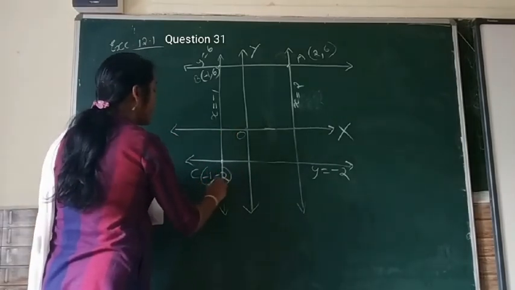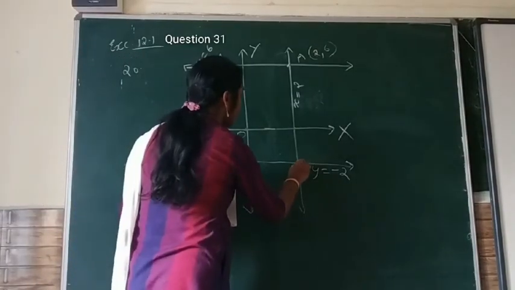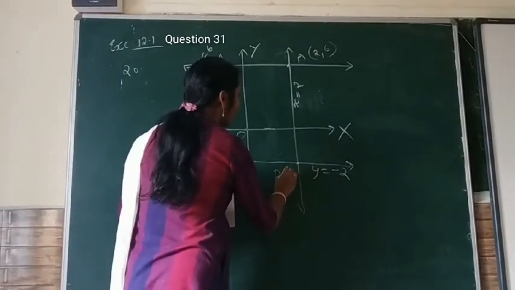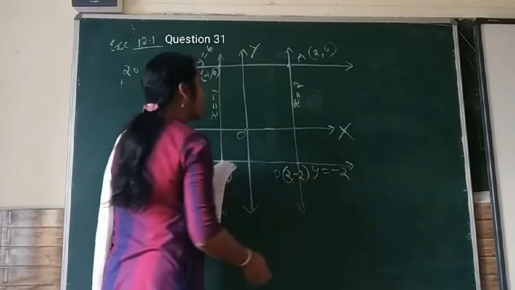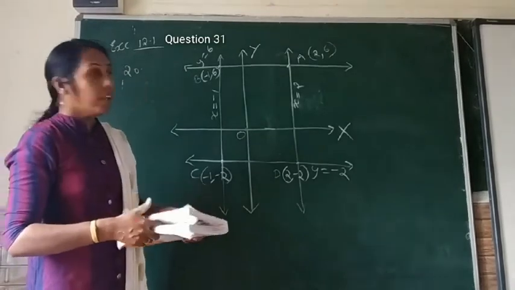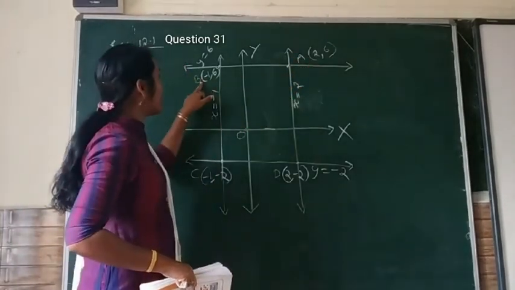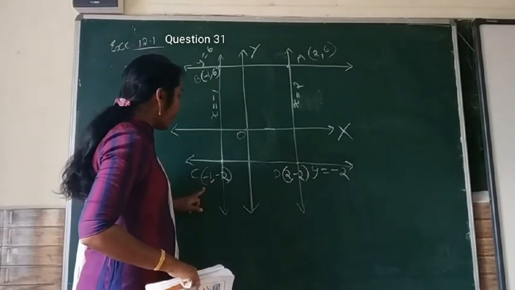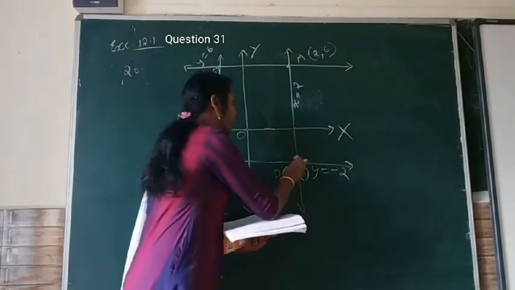So C (minus 1, minus 2) and the last vertex D can be taken as D (2, minus 2). So these are the vertices of the given rectangle, that is A (2, 6), B (minus 1, 6), C (minus 1, minus 2) and D (2, minus 2).